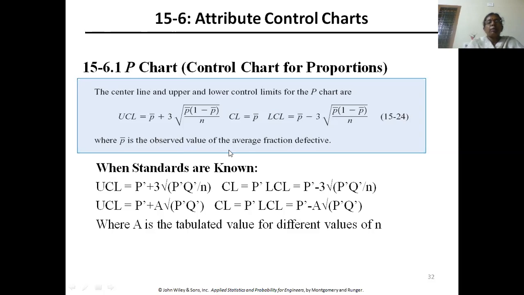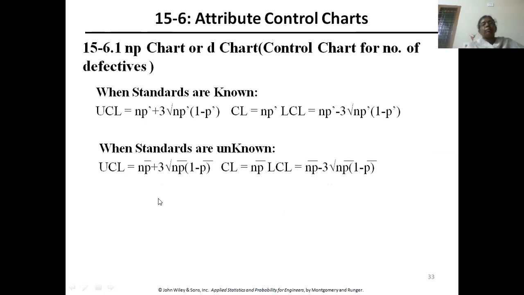When the population proportion is known to you, then UCL will be p dash plus 3 root of p dash q dash by n, CL will be p dash, LCL will be p dash minus 3 root of p dash q dash by n. Or simply this 3 and root can be written as capital A, where A is the table value.